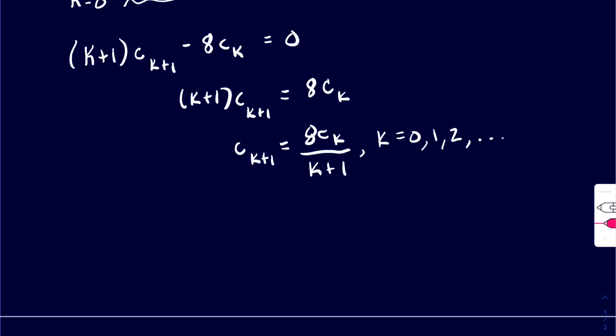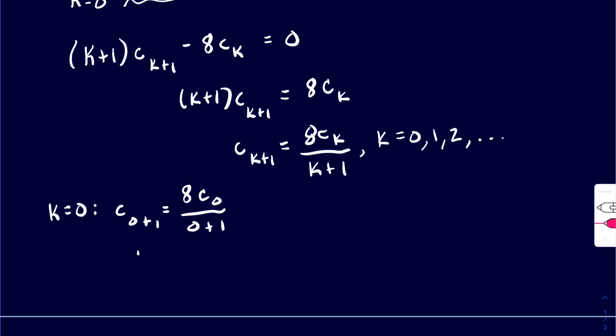So now let's figure out some values, all right? So for k equal to 0, we will have c sub 0 plus 1 equals 8c0 over 0 plus 1.